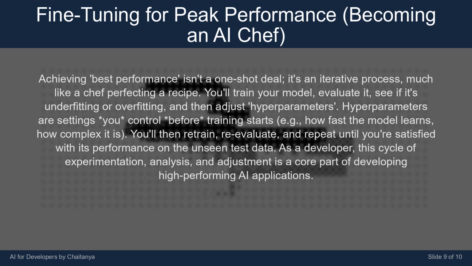You'll then retrain, re-evaluate, and repeat until you're satisfied with its performance on the unseen test data. As a developer, this cycle of experimentation, analysis, and adjustment is a core part of developing high-performing AI applications.